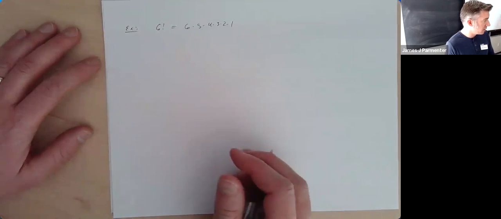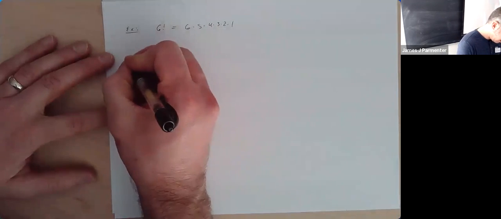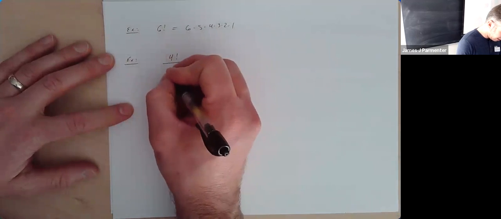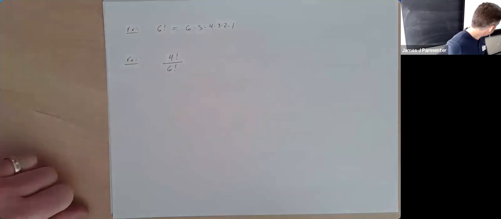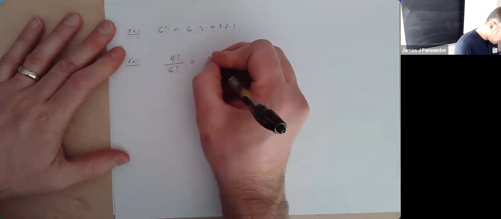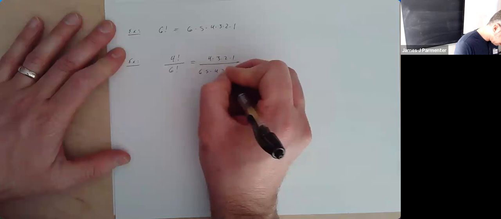Something that comes up frequently is one factorial divided by another factorial. So for example, if I had 4 factorial divided by 6 factorial, I can't just cancel the factorials and get 4 divided by 6. What I can do is write them out: that's 4 times 3 times 2 times 1 over 6 times 5 times 4 times 3 times 2 times 1.